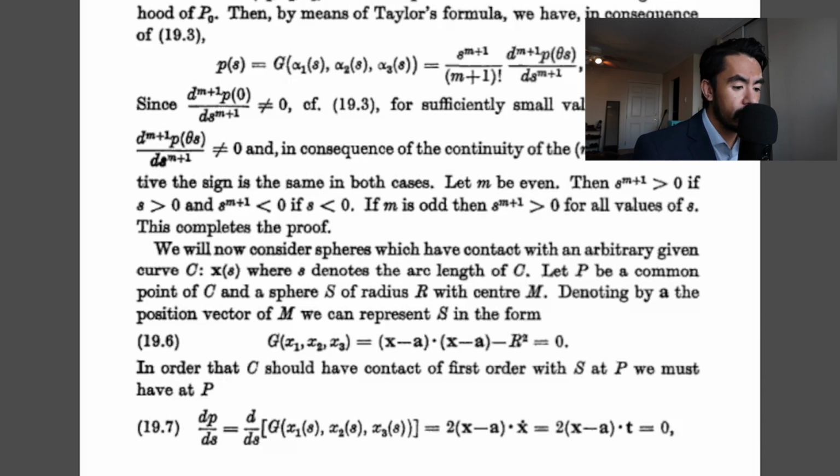In order that C, the curve, should have contact of first order with the surface S at the point P, we must have at that point P that the derivative of the function g in terms of s, d/ds of g of x1 of s, x2 of s, x3 of s, is equal to 2 times the quantity vector x minus vector A times the first derivative of the vector x in terms of arc length, which is x dot in the notation of this book, which is equal to 2 times the quantity vector x minus vector A dot product with the vector t, which is equal to 0.